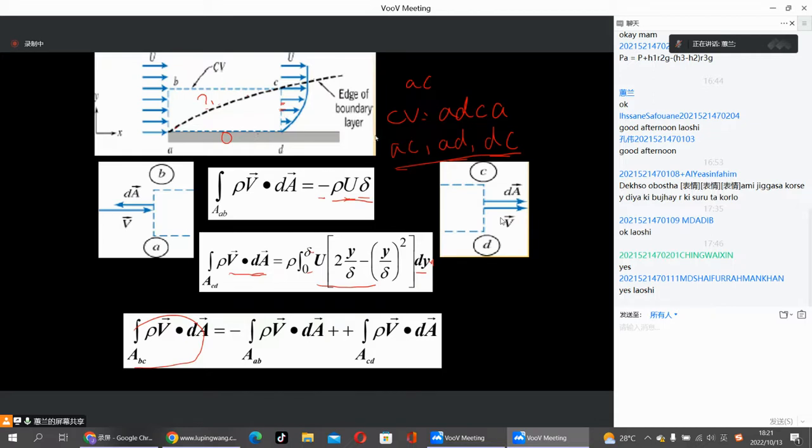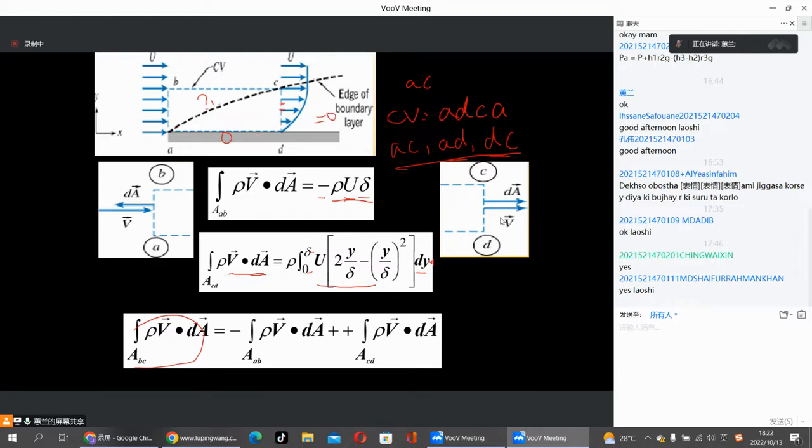You can choose ABCA. If you choose ABCA, yeah, definitely you can. Let's do it later on. If you choose ADCA, you will find it will be easy. Here, AC we don't know, we need to calculate, but you see here, AC plus AD plus CD, the volume flow should equal 0, right?